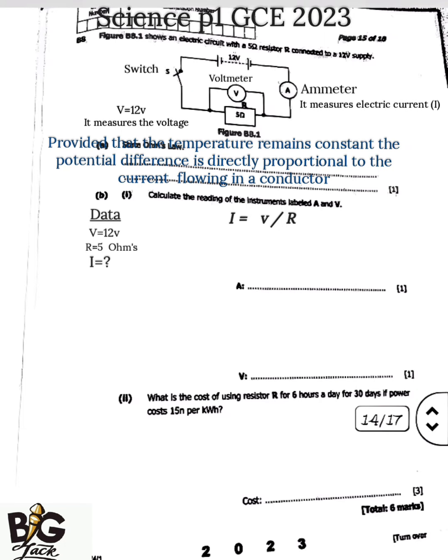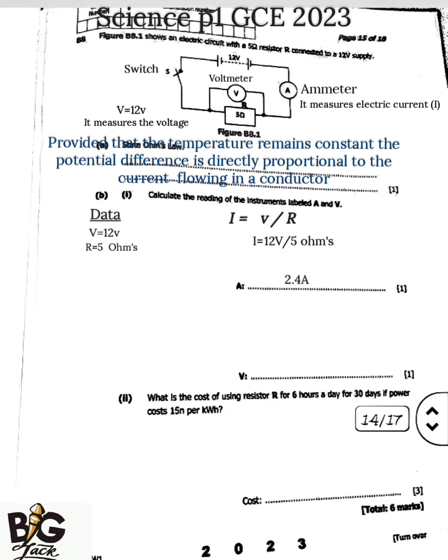Electric current is equal to voltage, which is 12 volts, divided by resistance, which is 5 ohms. My answer is 2.4.